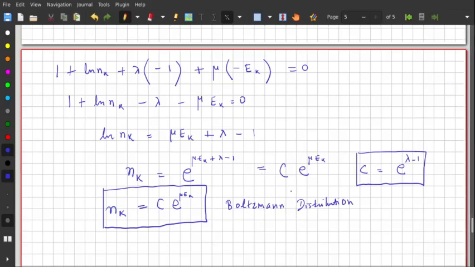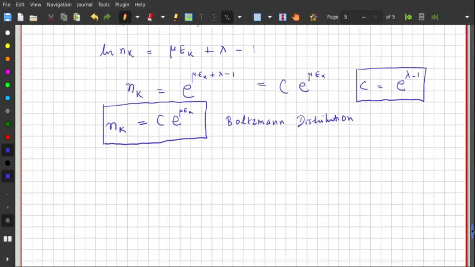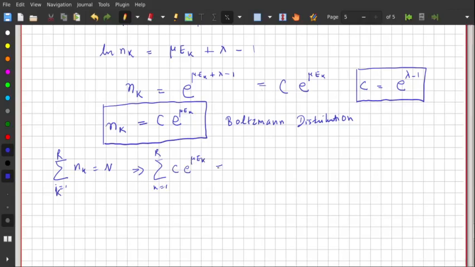The constants mu and c could be evaluated from the constraints that the sum over i equals 1 to r of n_k is N, and if we use this n_k, this becomes the sum over k equals 1 to r of c e^(mu e_k) equals N, and similarly for the energy, the sum over k equals 1 to r of e_k c e^(mu e_k) equals the total energy.